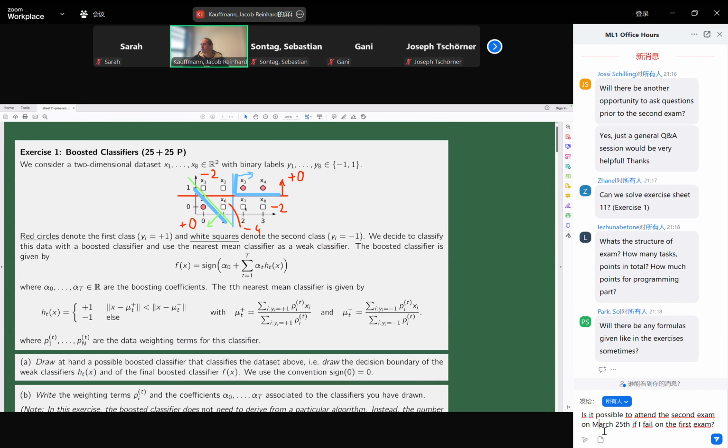Will there be tasks on XAI? Yes. I'm not saying this definitely. I'm just saying XAI is part of the lecture and can also appear in the exam.